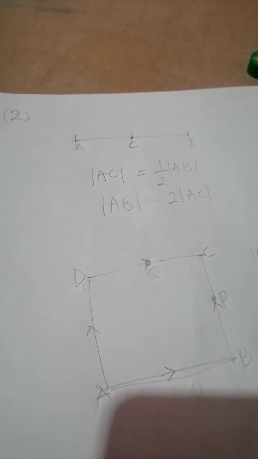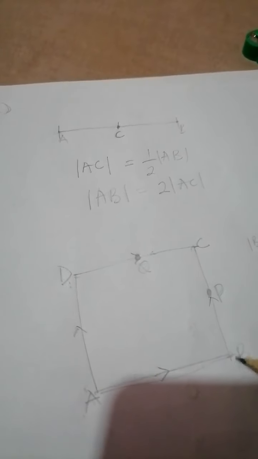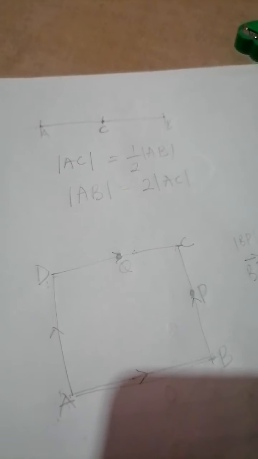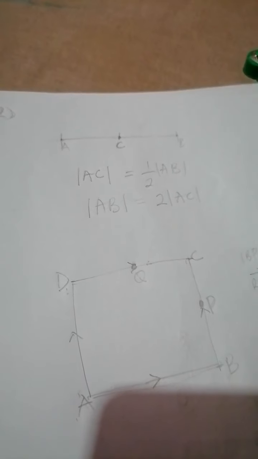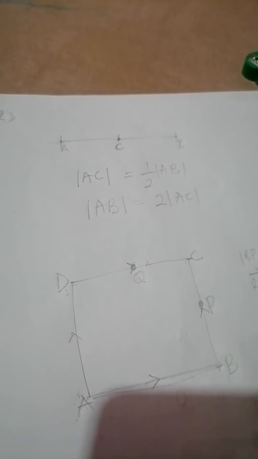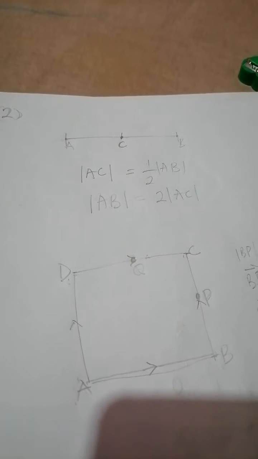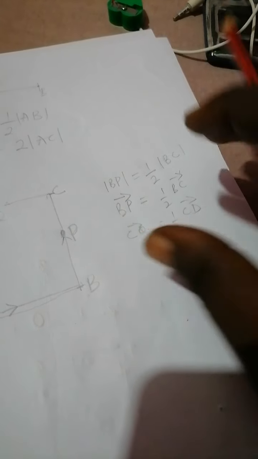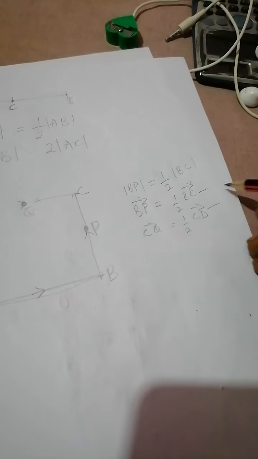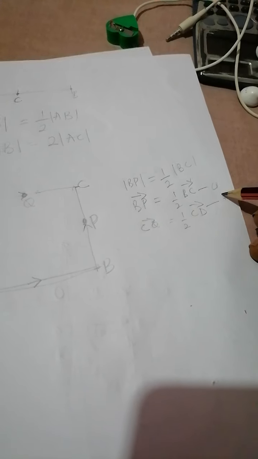You can make it a vector: the vector BP is half of the vector BC, and the vector CQ is half of the vector CD. So based on the fact that P and Q are midpoints, I have deduced these two nice equations that I'll probably use.